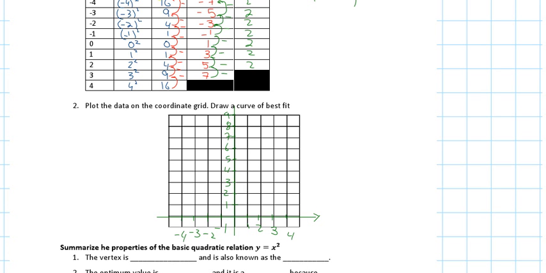So my first point is at negative 4, 16. I don't have 16 on my y-axis, so I'm going to skip that point. I'm going to go to the negative 3, 9. Okay? So negative 3, 9, that's negative 3, and that's 9, so that's where my first point is. Anyone doesn't know how to plot this point? So you're going to go on the x-axis first.